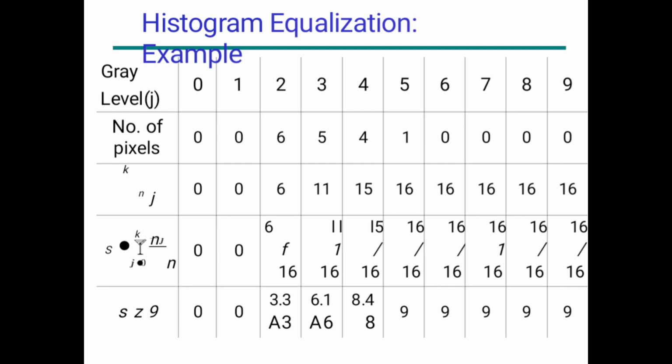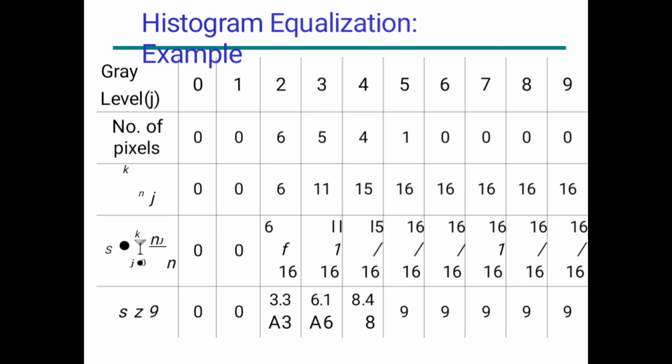Now we count the number of pixels in each gray level. In the given matrix, 5 is the highest gray level. To represent gray level 5, we need 3 bits. The number of gray levels is 9, 0 to 9 we are taking.